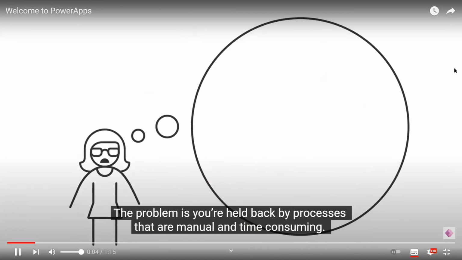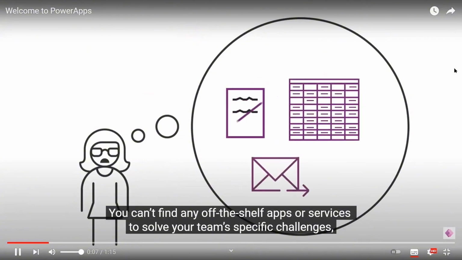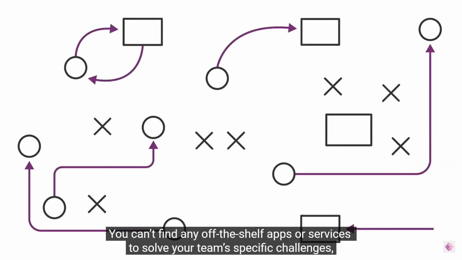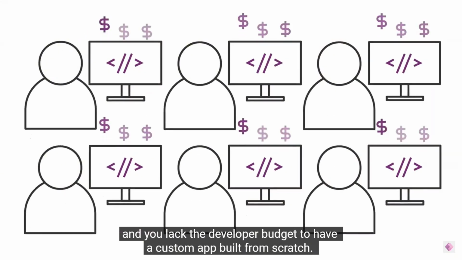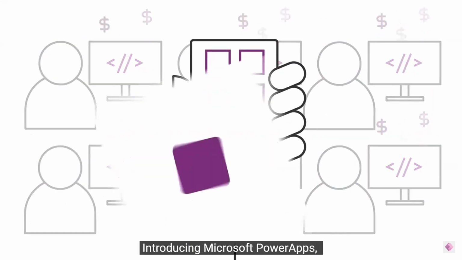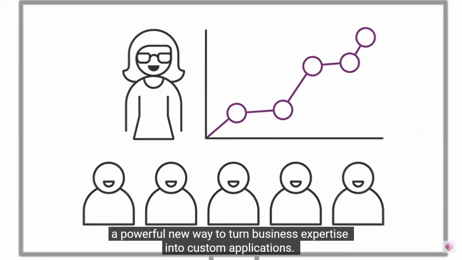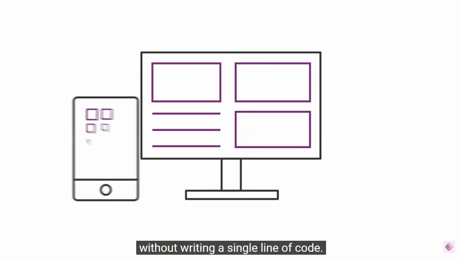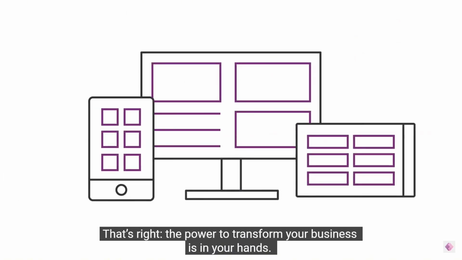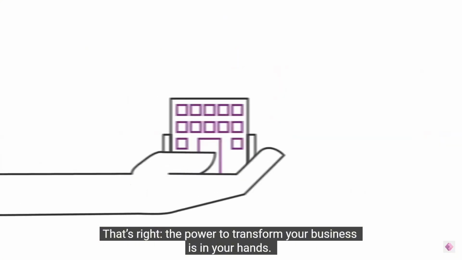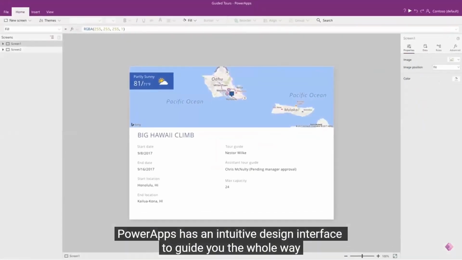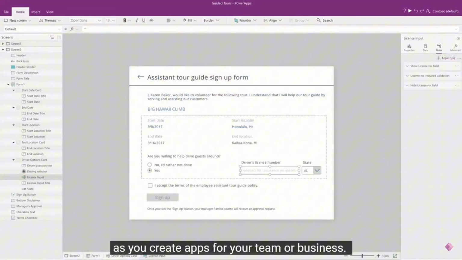Is you're held back by processes that are manual and time consuming. You can't find any off the shelf apps or services to solve your team's specific challenges. You lack the developer budget to have a custom app built from scratch. Introducing Microsoft Power Apps, a powerful new way to turn business expertise into custom applications. With Power Apps, your team can quickly and easily create apps without writing a single line of code. That's right, the power to transform your business is in your hands. Power Apps has an intuitive design interface to guide you the whole way as you create apps for your team or business.